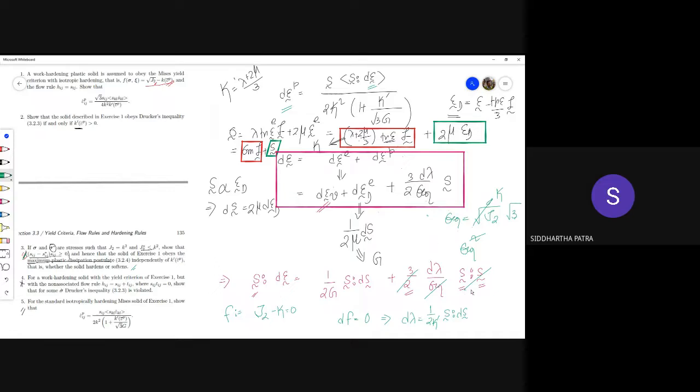Okay, so substitute this expression over here and substitute the expression for sigma equivalent. Then try to represent S inner product d epsilon as S inner product ds.